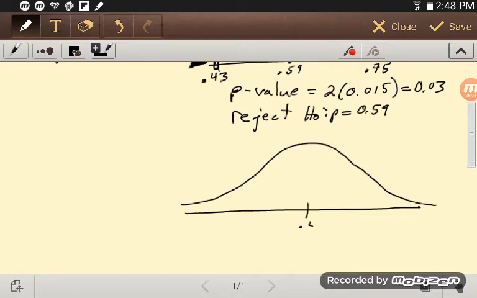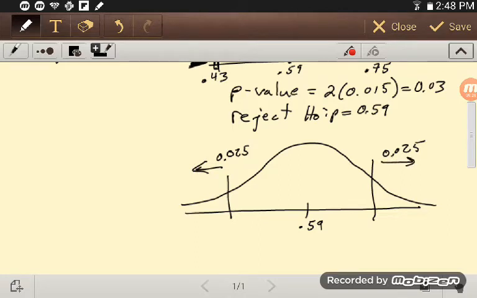There's our 0.59. Now I'm going to put in our alpha at 0.025, and alpha here, this is 0.025 that way and that way, right?